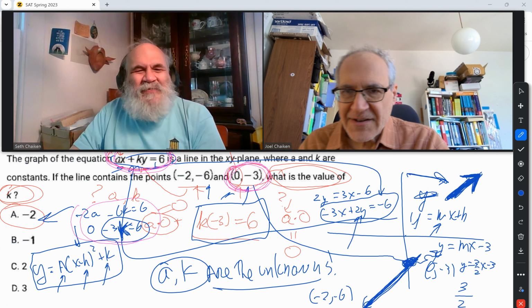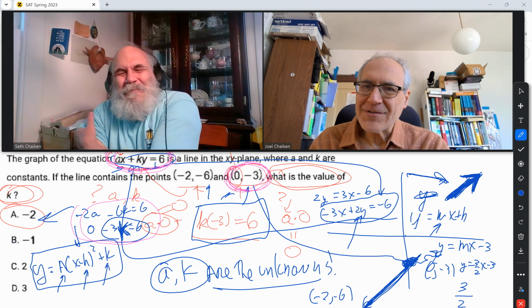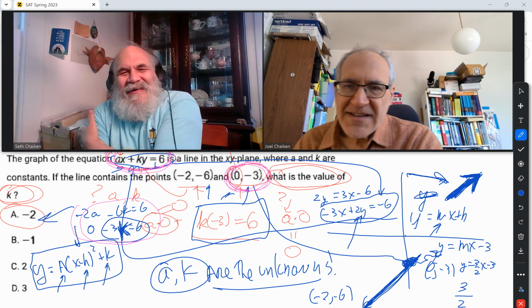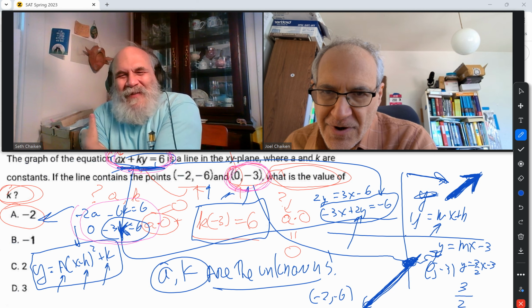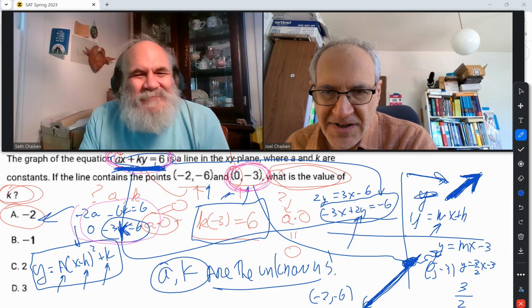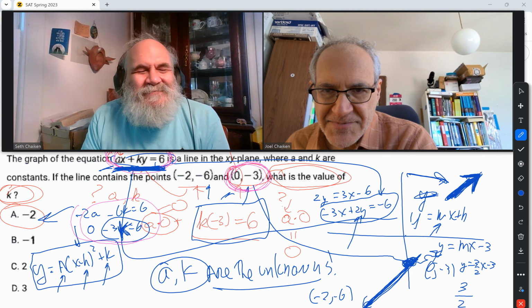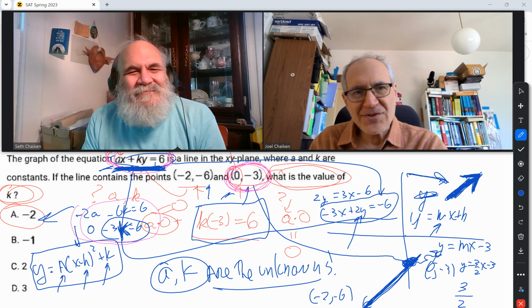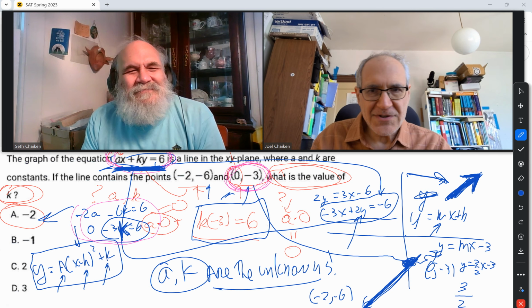The other thing that I don't think is that great of a way to do it is this: this is in what's called standard form, and standard form is useful for the intercepts. You could pick the intercepts off standard form in a second if you don't get your x and y's confused, like I always do.